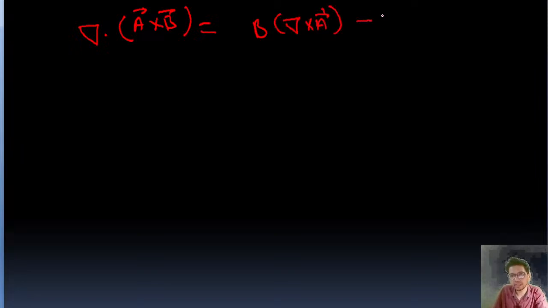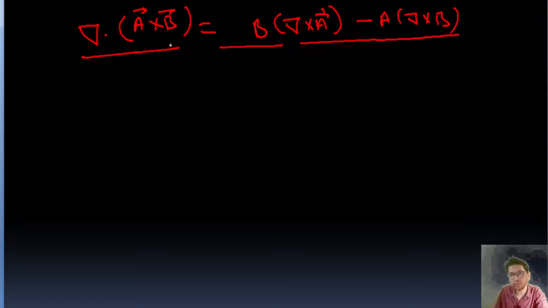Del dot A cross B. This formula you need to note down, guys. Del dot A cross B is going to be B dot del cross A minus A dot del cross B. This is an important formula, guys. You need to note it down.